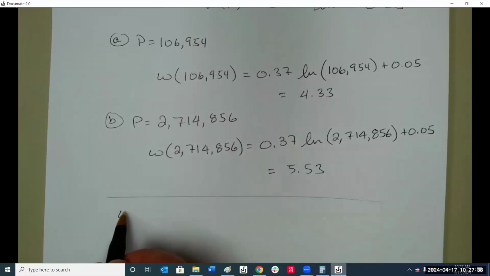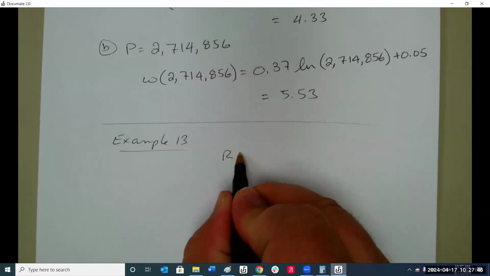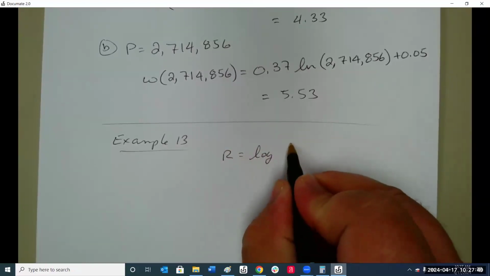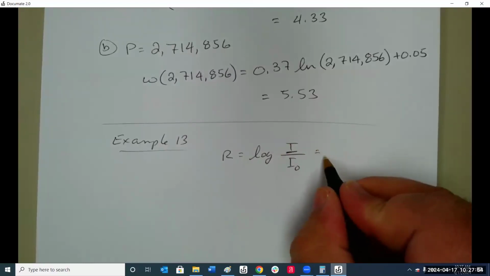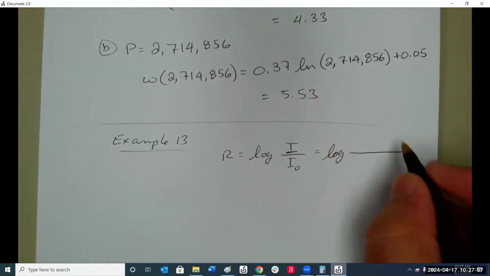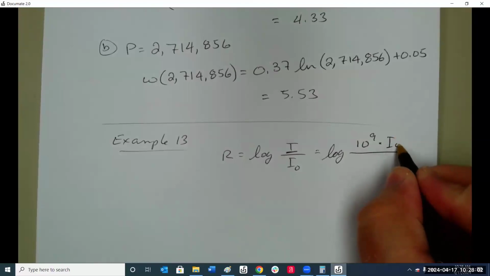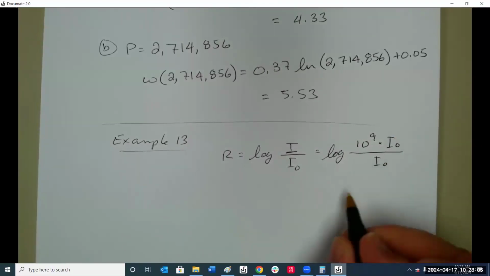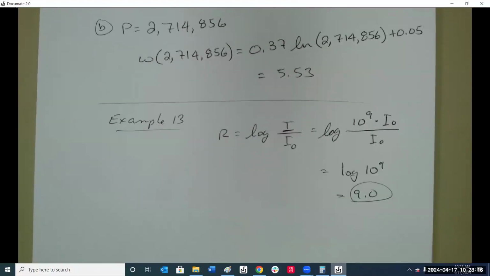So for example 13, we're doing the Richter scale, which is the log of I over I0. 10 to the power 9 times I0 over I0 equals the log of 10 to the power 9, which is 9.0 on the Richter scale.